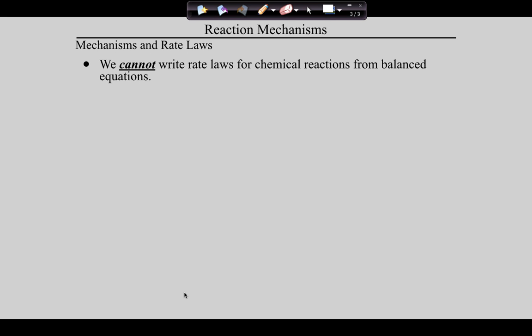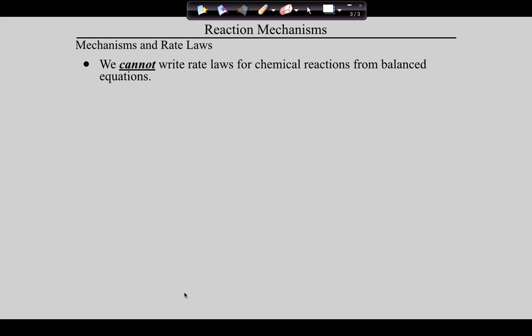So let's remind ourselves about some important things about rate laws. Can you guys all sign off on this idea? We cannot write rate laws for chemical reactions from balanced equations. The coefficients in the balanced equation are not the reaction orders, right? So if that's true, what do we need in order to write rate laws? We need reaction data.